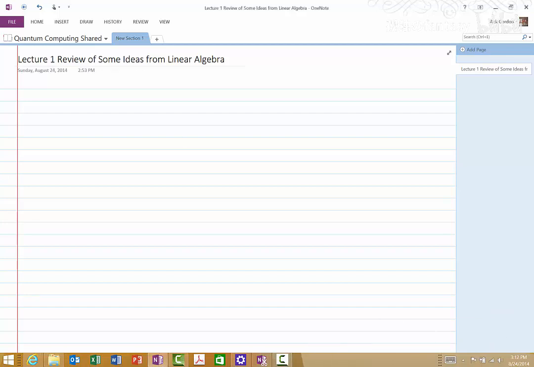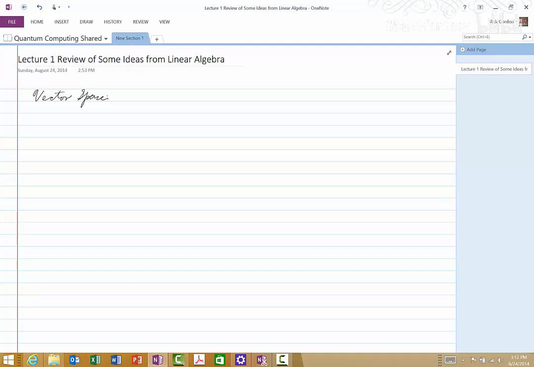The first idea I want to talk about is a vector space. Now, all of us have some idea of what vectors are, and in fact, as we proceed in this course, we'll develop some more ideas about that. Vectors can be a lot more general than what you've probably studied before.